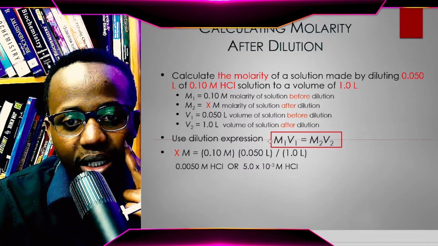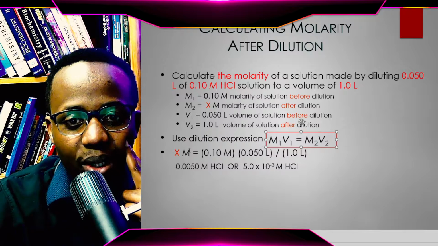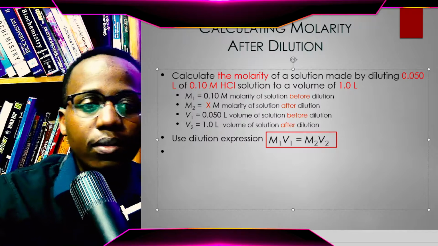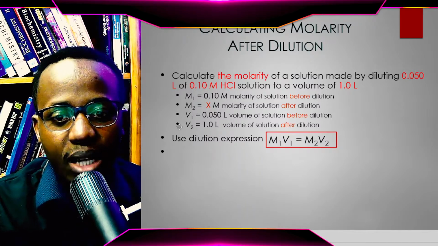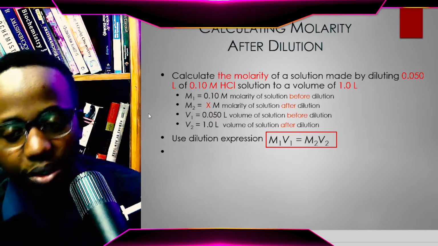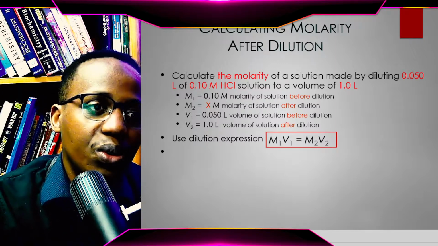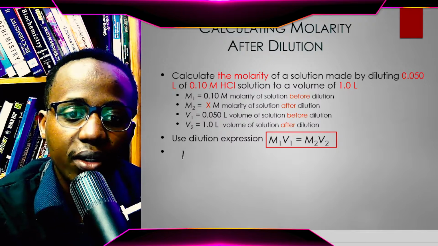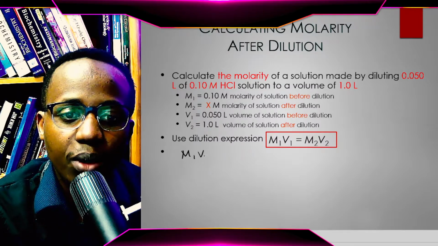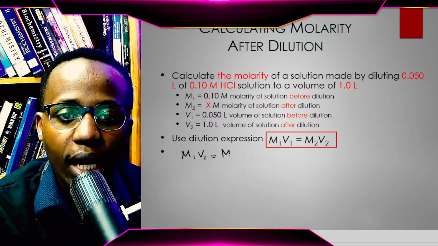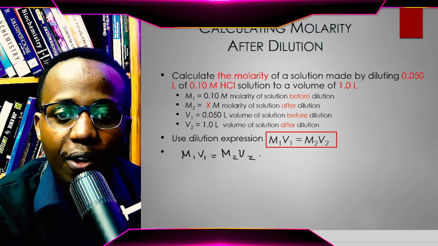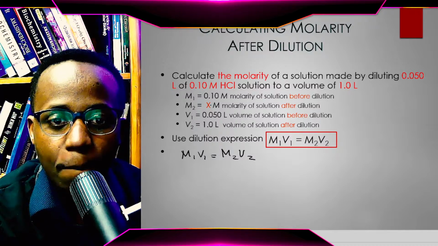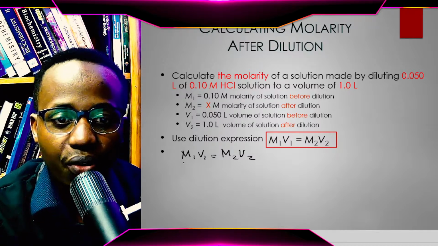All you gotta do is use M1V1 equals M2V2, right? After you have this, you have to be able to move your equation around. So if you have M1V1 is equal to M2V2, now you want to solve for M2. How do you solve for M2?